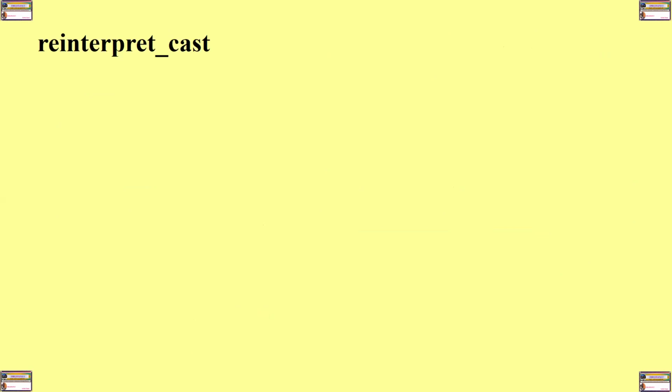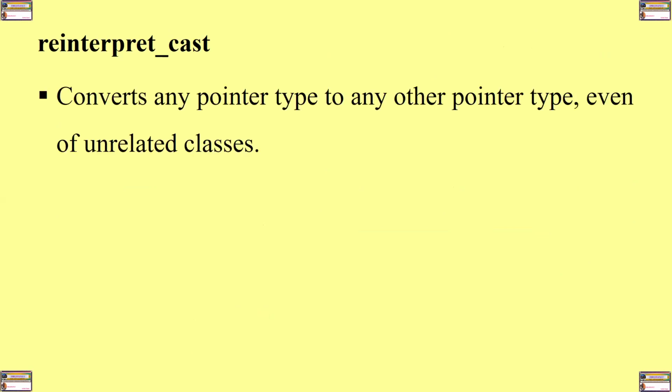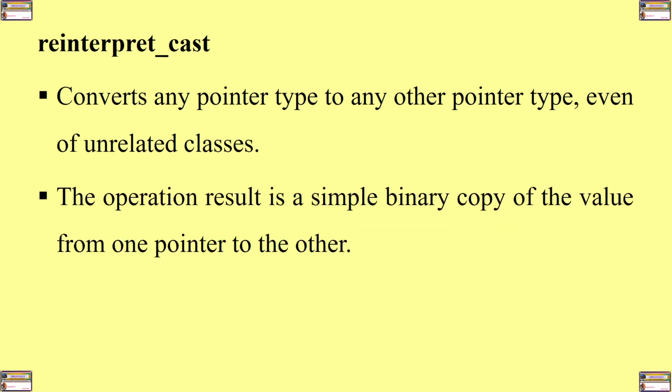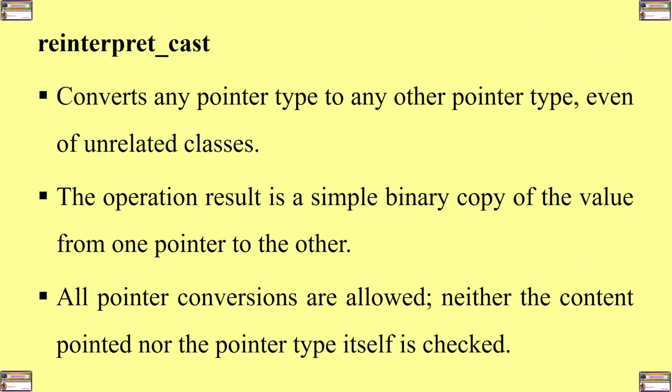Let's now look at what we call the reinterpret cast. The reinterpret cast converts any pointer type to any other pointer type, even of unrelated classes. The operation result is a simple binary copy of the value from one pointer to the other. All pointer conversions are allowed. Neither the content pointed to nor the pointer type itself is checked.